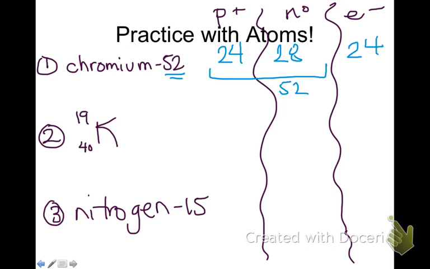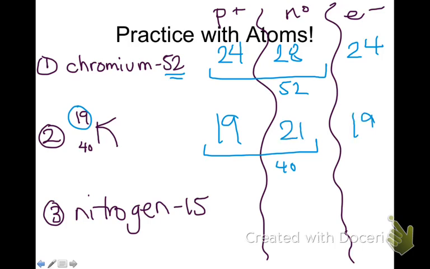For potassium, the mass number is 40, and this time I'm given the atomic number, which is 19. And I can look on the periodic table to double check that. So that means I need to have 21 neutrons to make 40, and my electrons have to be equal to my number of protons. Lastly, I have nitrogen.